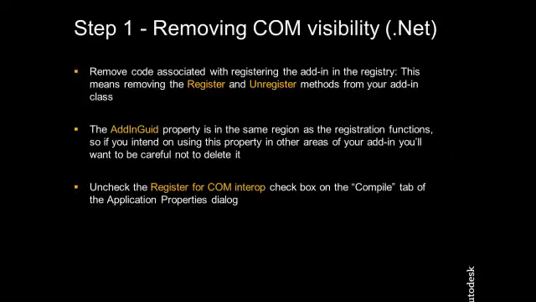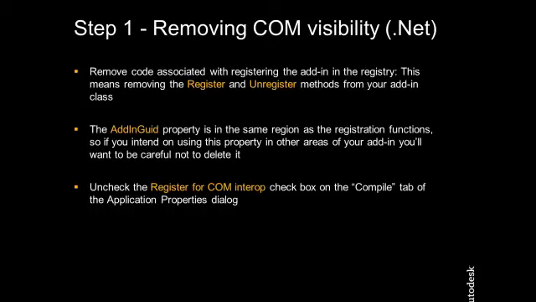Let's talk now about the migration of existing COM-based add-ins to the Registry Free format. The first thing is to remove the COM visibility. So for .NET, you will need to delete the register and unregister methods from your add-in.